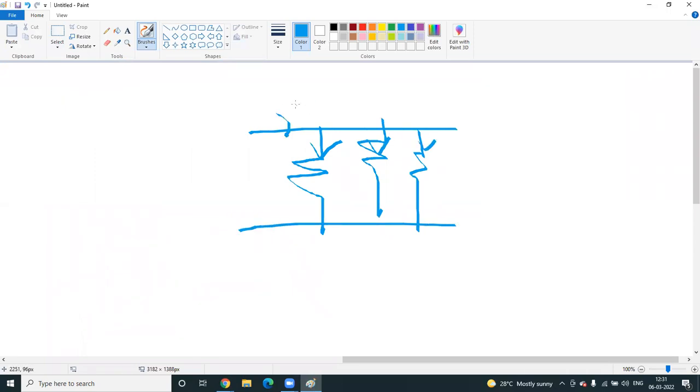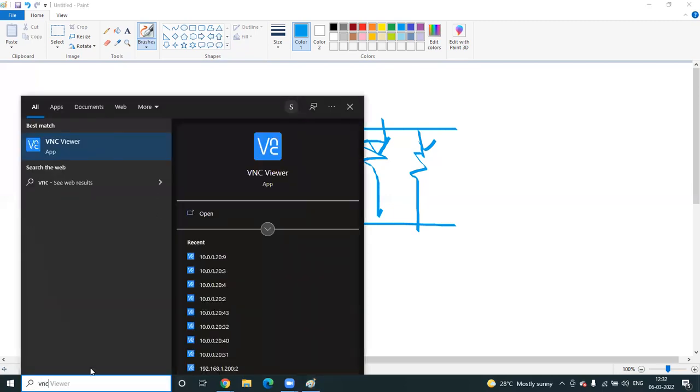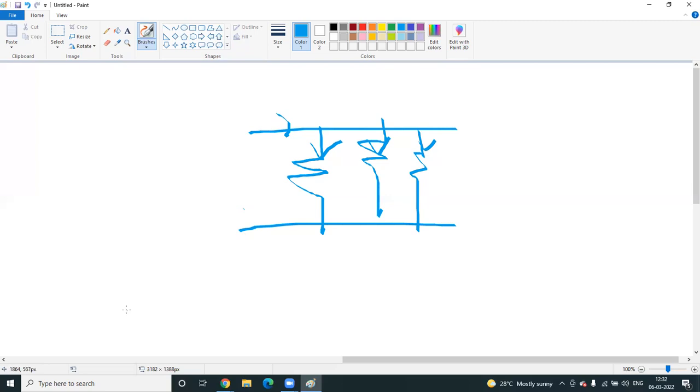So parallel routing is also the same. You can pass more current. Okay, so metal stack, I'll give you the example.